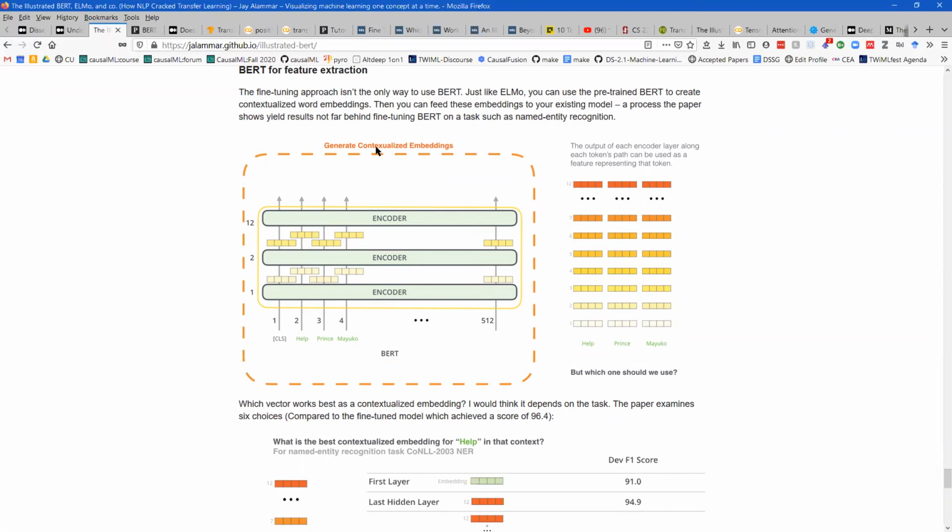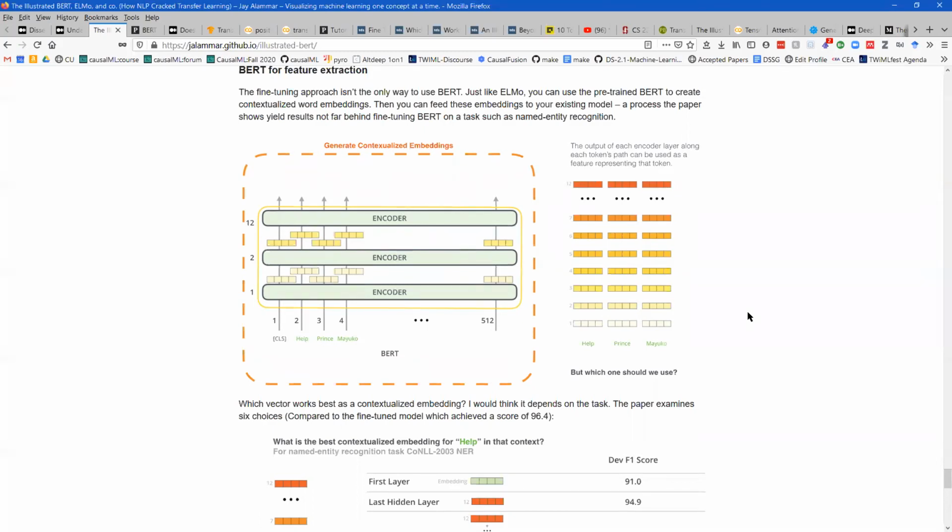Okay, so what is this schematic? Generate contextualized embeddings using BERT, and then take those embeddings and the output of each encoder layer. There are 12 encoder layers, and each one can be used as a feature representing the token. So this is akin to the 2-layer LSTM. Now you have 12 layers, and you can weight them differently depending on the task.